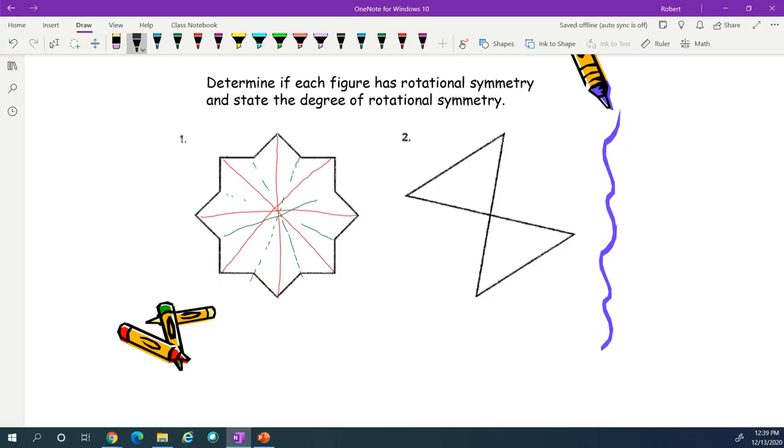So we have 8 lines of symmetry. So 360 divided by 8 is 45 degrees. So we have rotational symmetry every 45 degrees.